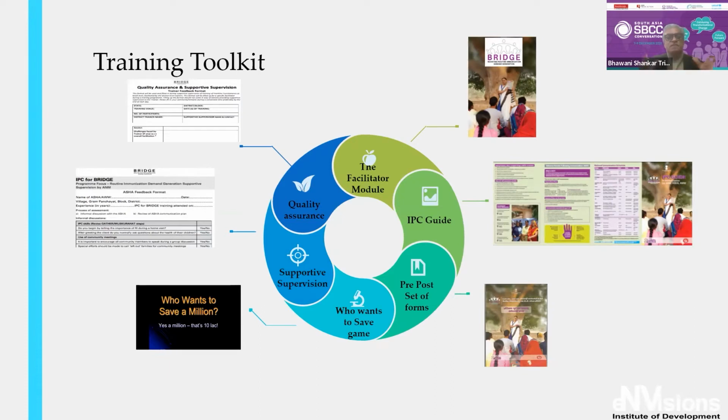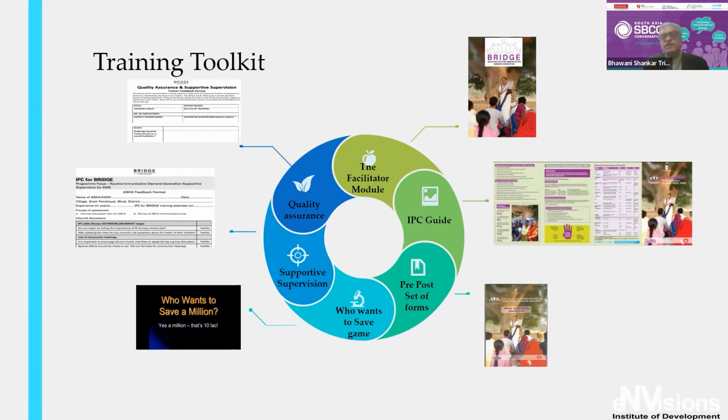The need was a compact package that could be delivered in a short time frame, in fact as short as a 4-hour module, considering how frontline workers are constantly occupied, not only in their day-to-day work but also in attending other training programs. That was a challenge: how to bring all these skills enhancements within this short period.